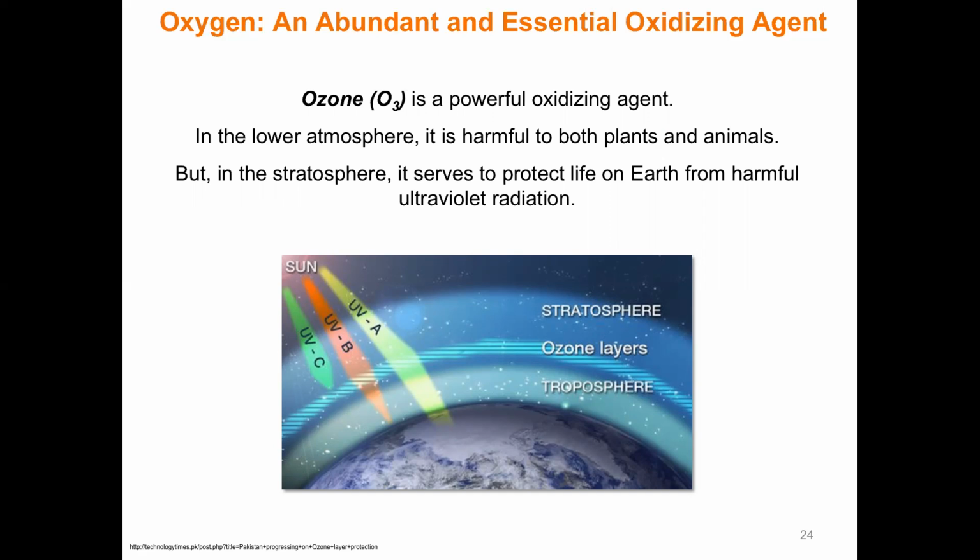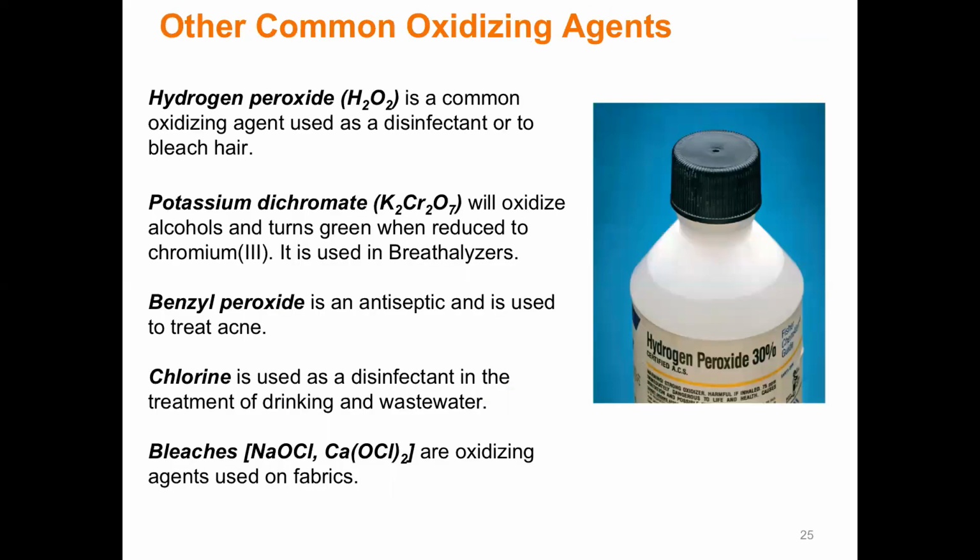Now, other common oxidizers other than oxygen that you might encounter: hydrogen peroxide in your house is a good disinfectant when you have a sore or a wound. You also encounter it if you dye your hair. Very often you've got to get rid of the color, so you're going to bleach it out with hydrogen peroxide first.